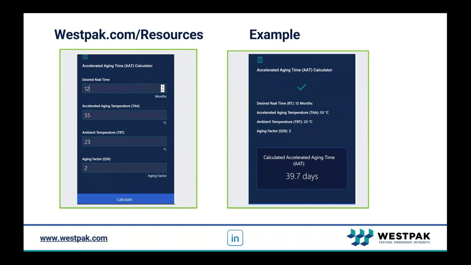It comes out with 40 days of accelerated aging to simulate 12 months of shelf life, or 39.7 days. Westpac always rounds up to the next full day because we want to take a conservative approach with this.